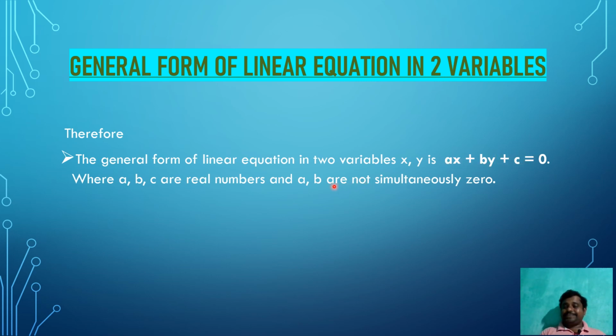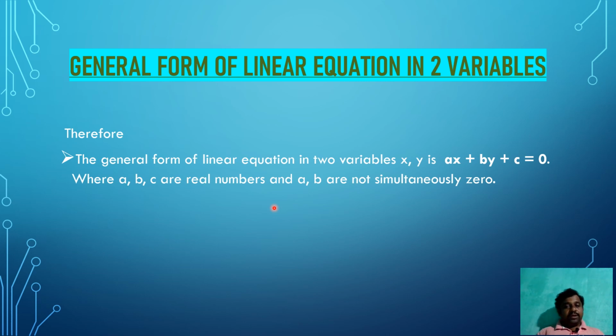What is the condition for this? ax plus by plus c is equal to 0 represents a linear equation when a and b are not simultaneously 0. That means both are not 0 at the same time.